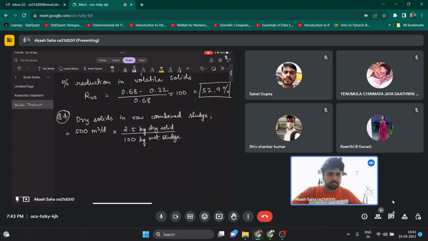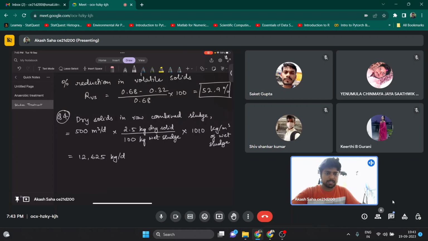So 2.5 divided by 100, into the density. Density is specific gravity into 1000, so 1.01 into 1000 is 1010 kg per meter cube of wet sludge. So it will be equal to 12,625 kg per day. So in my combined sludge, there are dry solids of 12,625 kg per day.